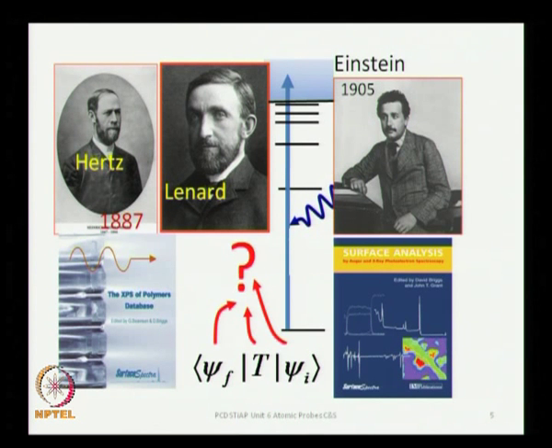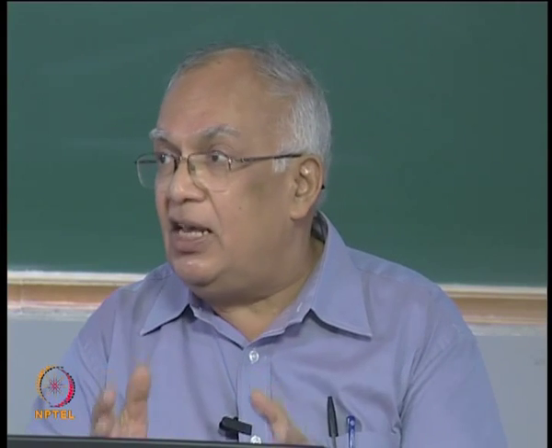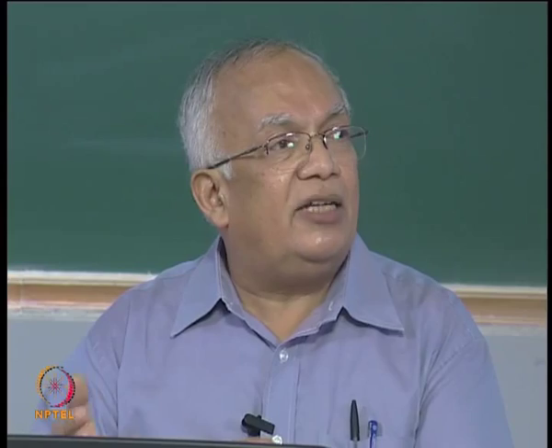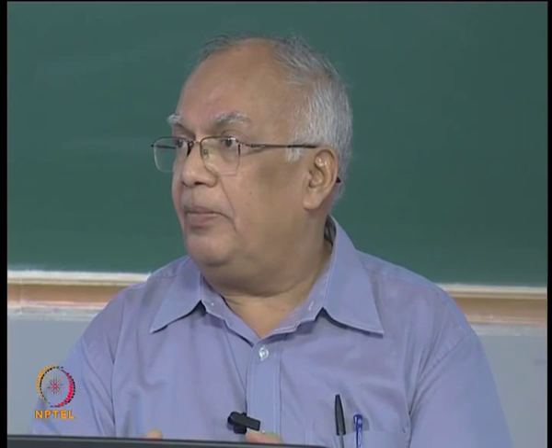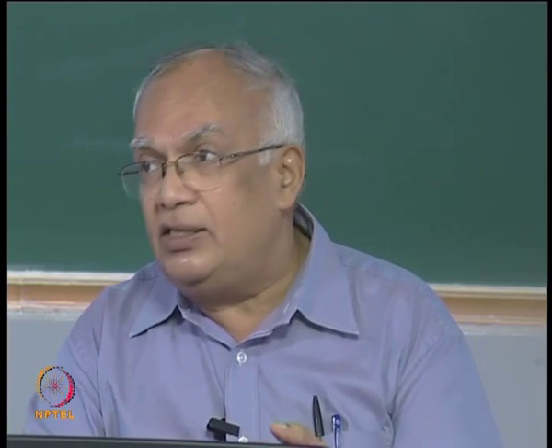And you could ask, how do you describe the initial state, how do you describe the final state, and how do you represent the interaction itself which is responsible for this transition? And it is not easy to get exact solutions for this, we already know that. So one has to make approximations to all of this. You make approximations to the initial state, to the final state, and to the coupling.